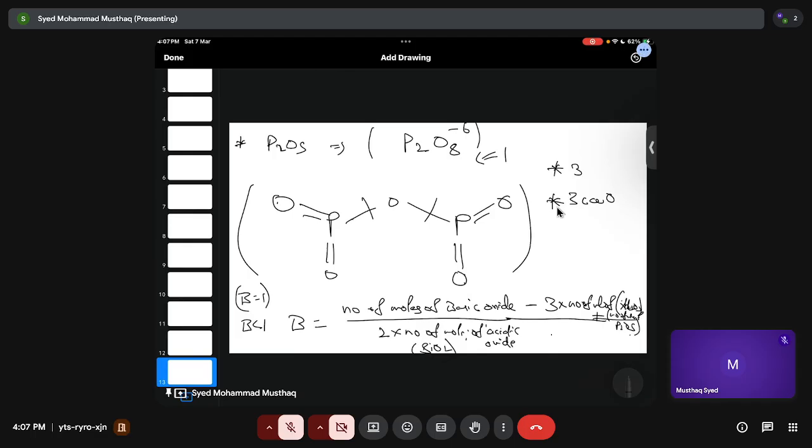That's it. This is about the basicity. Basicity is very important because you need to pick the right types of oxides. If you have silica, you cannot add silica; you need to add basic oxides. You cannot add P2O5, right? So you need to add the respective oxides depending upon the type of impurities in there.